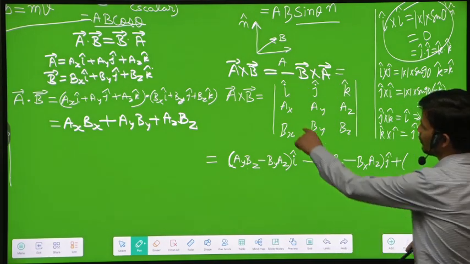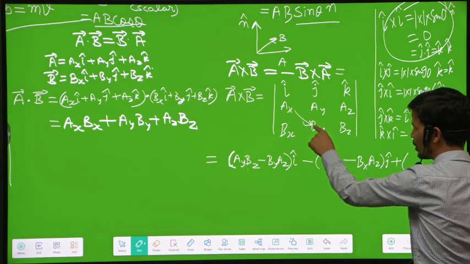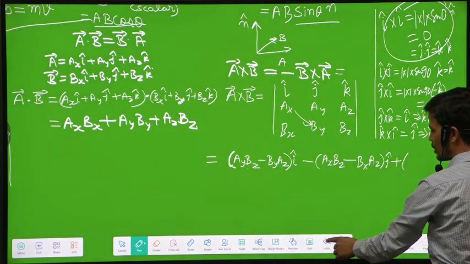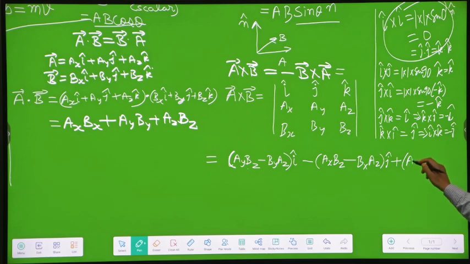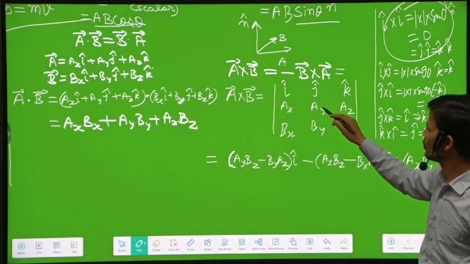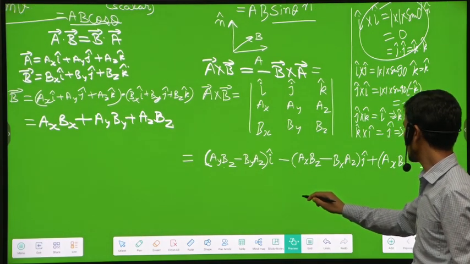See, whenever we are multiplying from the higher level to the lower level, this second row to third row, we take them as they are. But when we are multiplying this to this, third row to second row, we are changing the sign. k cap.